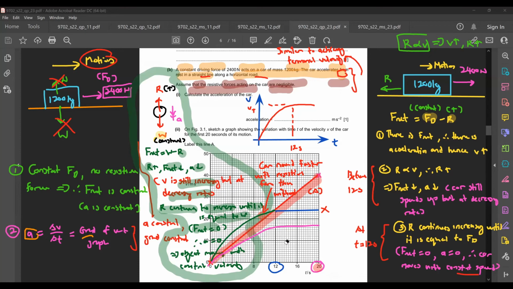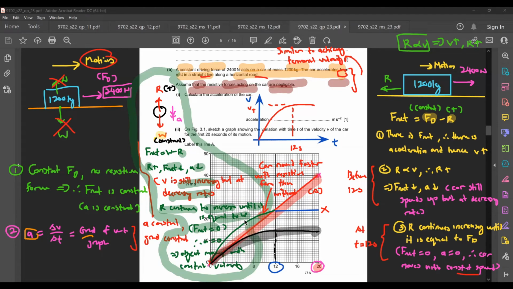Let me just draw it in a different color. Yeah, it's better to use black, black is easier to see. 12 seconds is where you reach constant speed, right? You just draw a line like this. Make sure your speed becomes constant at 12 seconds. So this is your correct line, the black colored one that I just labeled for you here.